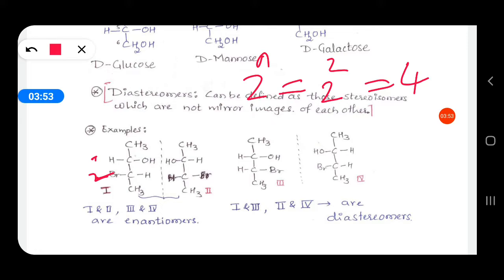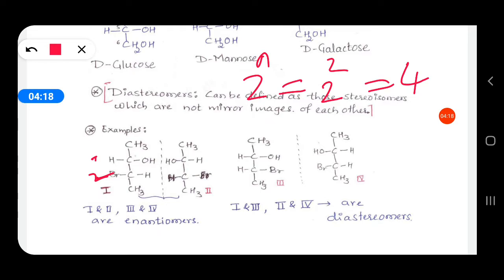So let us see those 4 isomers. Here structure 1 and structure 2, and structure 3 and structure 4. So 4 isomers are written here. Among them, structure 1 and structure 2 are mirror images of each other. Structure 3 and structure 4 are also mirror images of each other.